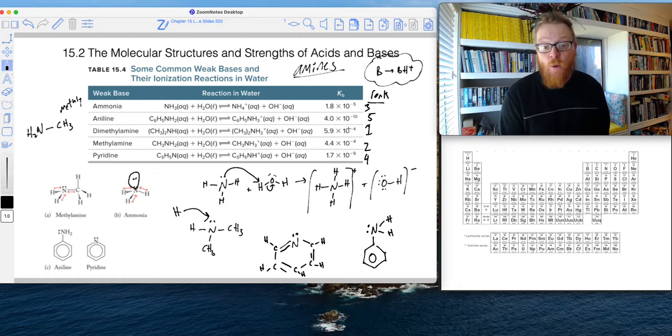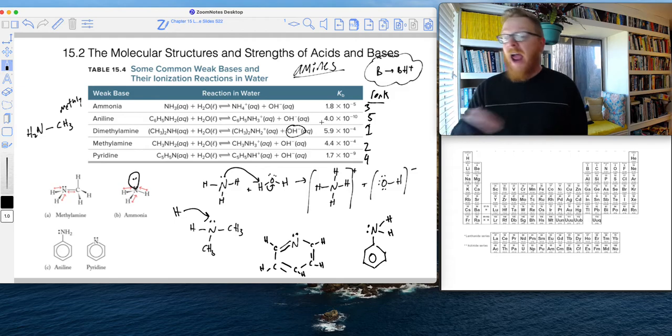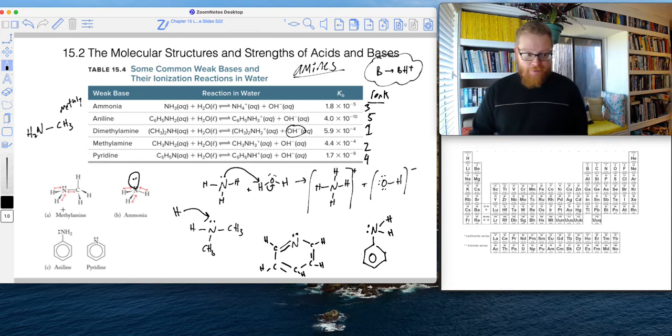And so that's what gives it the biggest Kb. In other words, it produces the most BH+ and the most hydroxide. So it reacts to the right more than any of the others. And you can see methylamine is in a close second place because it has two hydrogens, but it still has a lot of electron density from that carbon.